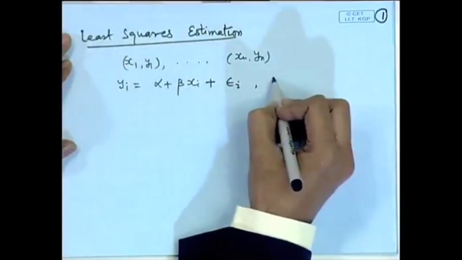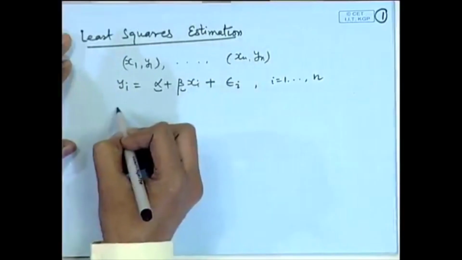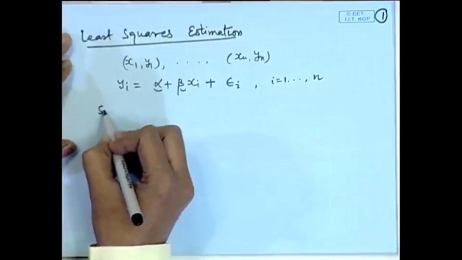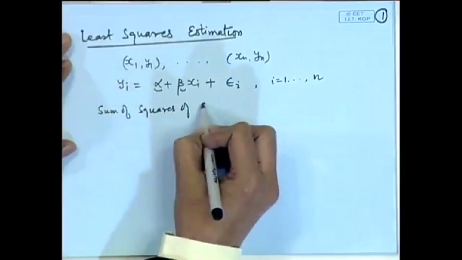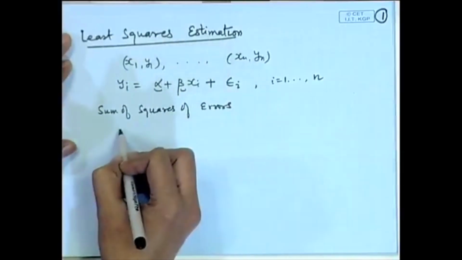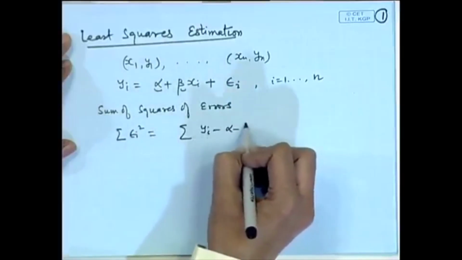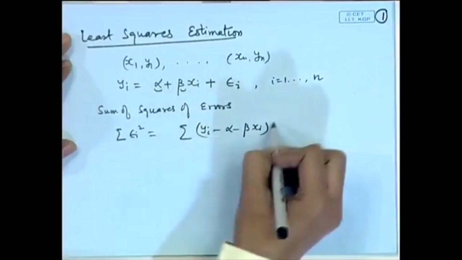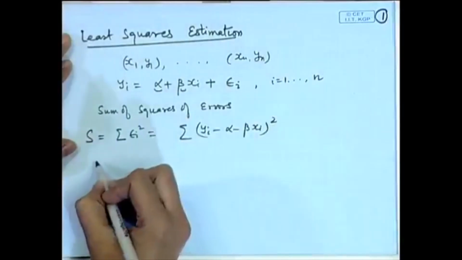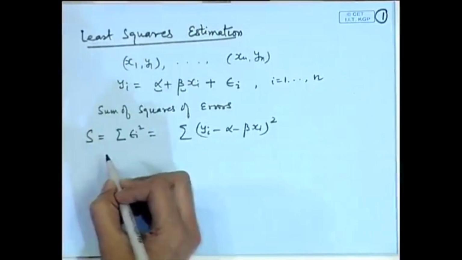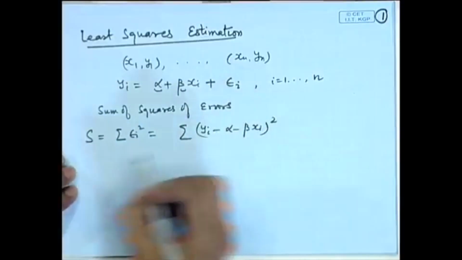So, the purpose is that we should estimate the parameters of the model, that is alpha and beta, in such a way that the sum of squares of errors, that is sigma y i minus alpha minus beta x i whole square, let me call it S. So, in the least squares method, we want to find out alpha and beta such that this S is a minimum.